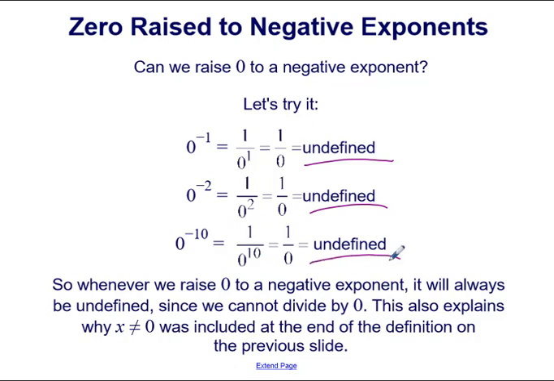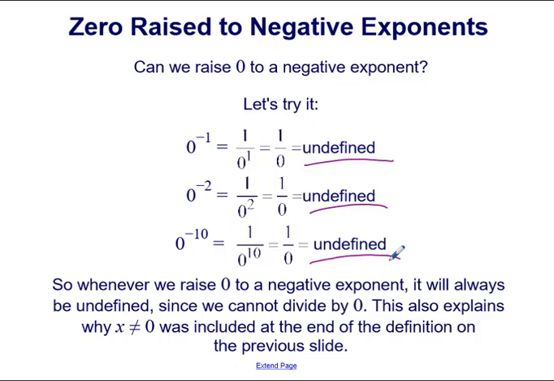So see the pattern. What would 0 to the negative 6 be? What would 0 to the negative 16, 0 to the negative 18, 0 to the negative 100, 0 to the negative 1000 be? Come up with the conclusion and see that whenever we raise 0 to a negative exponent, it will always be undefined because you have that product of 0 in the denominator, and we can't divide by 0.